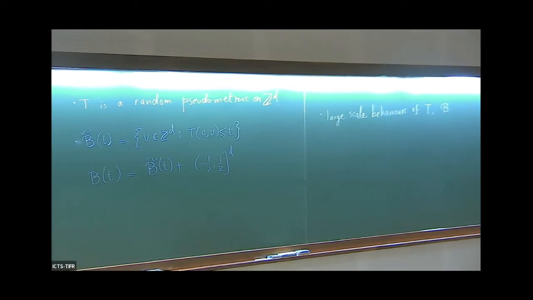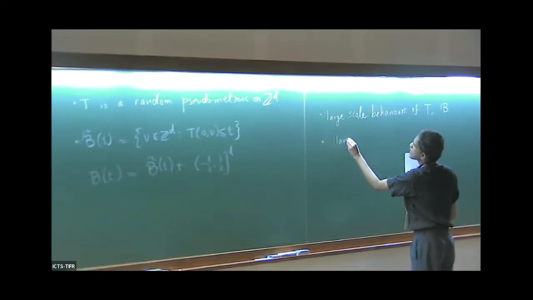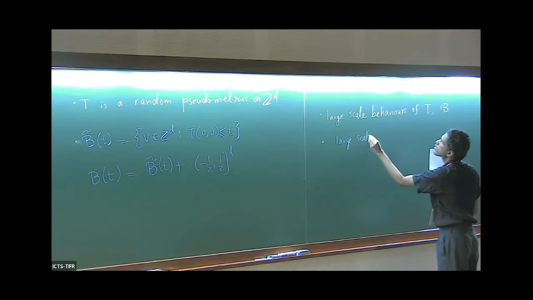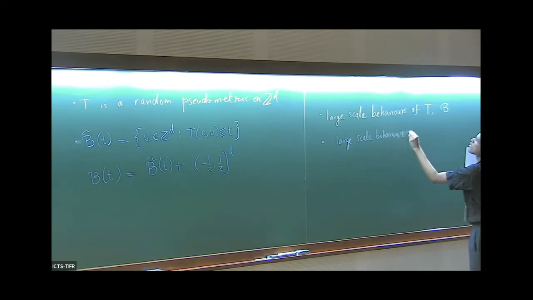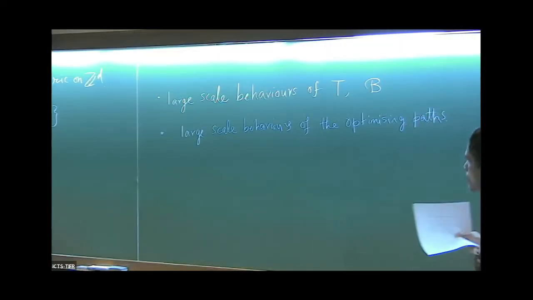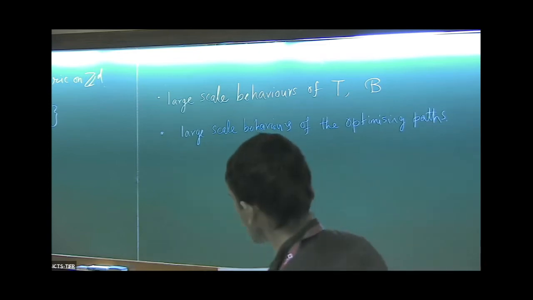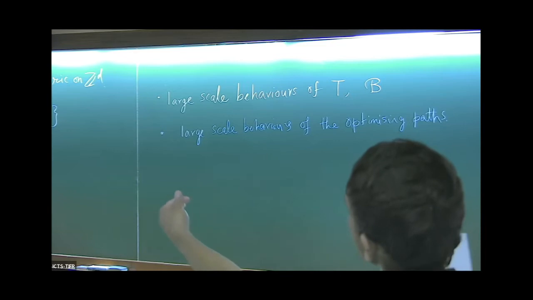And then a second object of interest is the large scale behavior of the optimizing paths. So those are the geodesics. Under mild conditions, as you'll probably see later, the infimum in the definition of T(u,v) is attained.